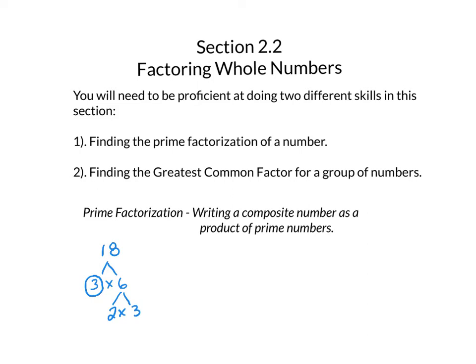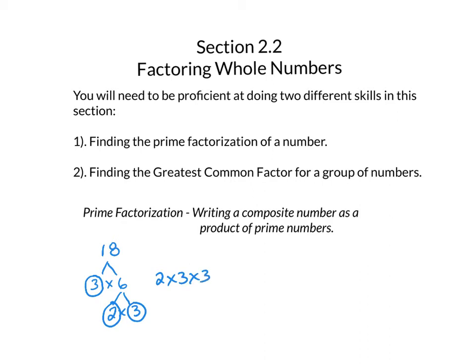Now both 2 and 3 are prime numbers, so I am going to circle them. Prime factorization means writing a composite number as a product of prime numbers, and now everything that I have circled, if I multiply all three of those numbers together, I do get 18, and all of those are prime numbers. So the prime factorization of 18 is 2 times 3 times 3.